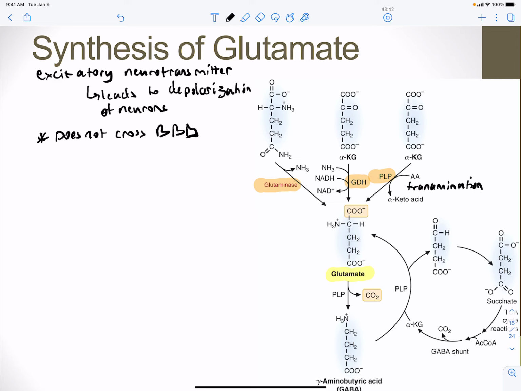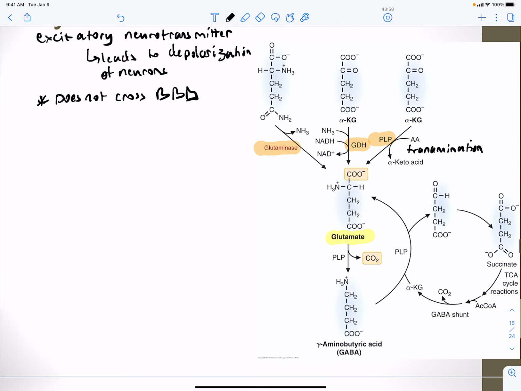The ammonium pool is going to be provided by the degradation of amino acids or ammonia diffusing across the blood-brain barrier. Now, you can also have the major inhibitory neurotransmitter in the central nervous system generated through the pathway that includes glutamate, so that's GABA.